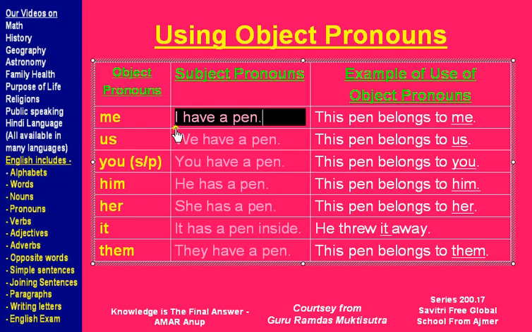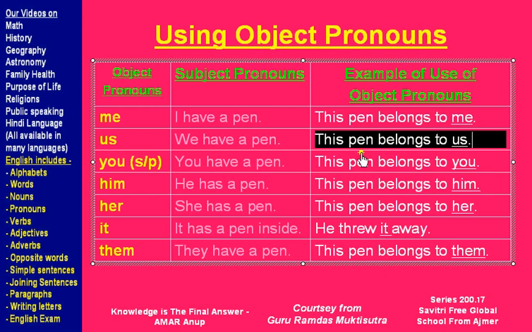Here I was the subject and me is the object form of that pronoun. Next example, this pen belongs to us. Now here this pen is the subject, belongs is the verb, and to us is the object. So us is object pronoun compared to we have a pen where we was the subject.